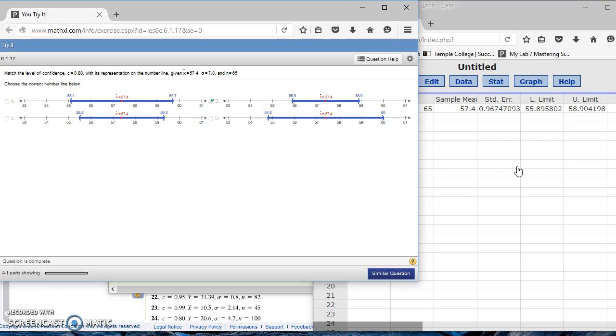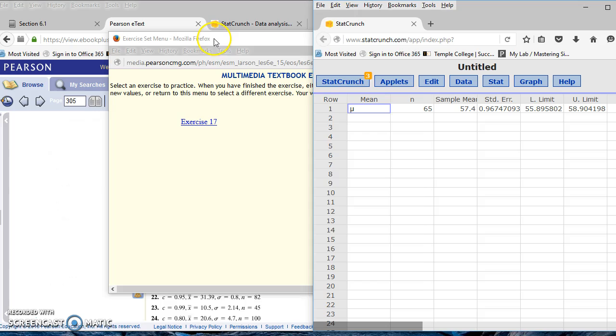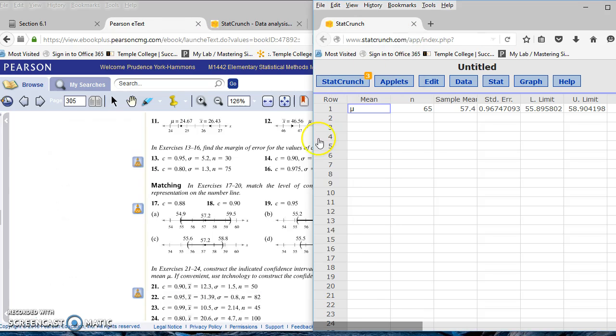It's a different kind of test that we're running in order to find that confidence interval. So the left side will be your lower limit, 55.9, and the upper limit is the right-hand end point for that interval, 58.9. So I'm going to close that out and close that window.